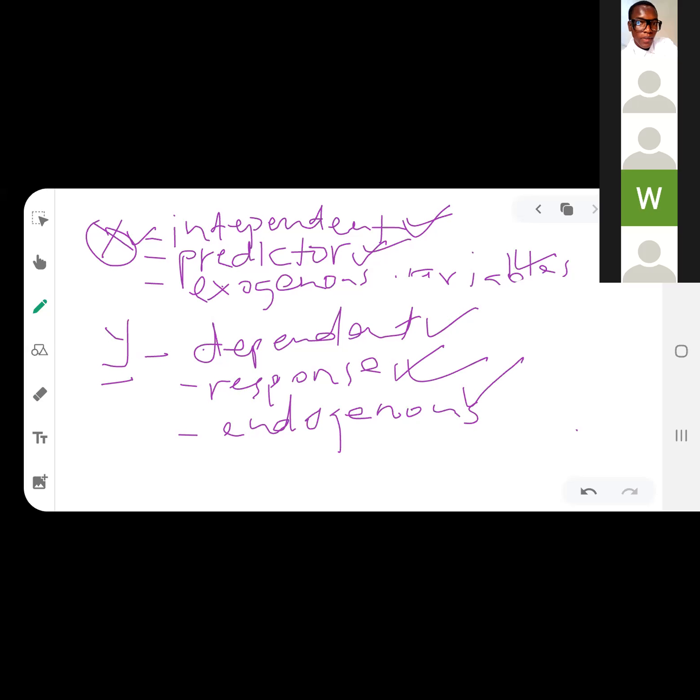The reason it's referred to as a response variable is because it responds to the changes in x. If the value of x changes, the value of y will also change. Therefore, y responds to the change in the predictor variable. Hence, it's referred to as a response variable.